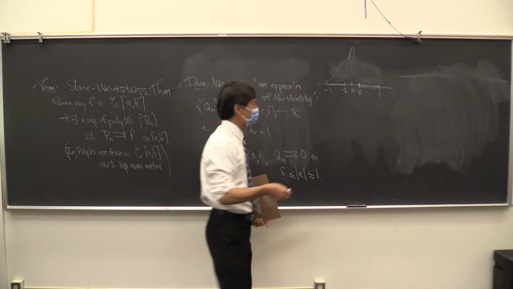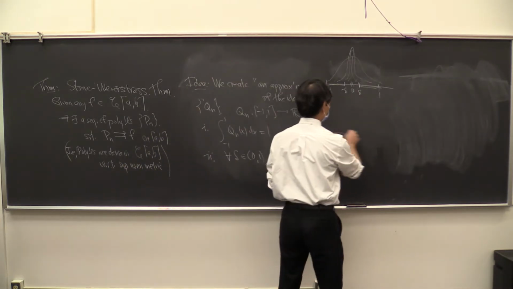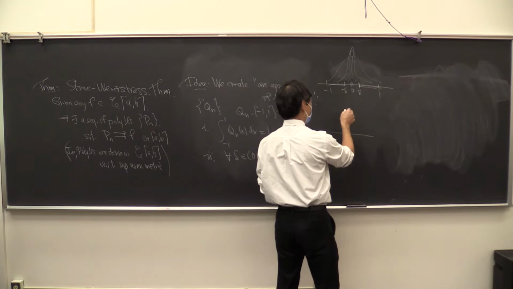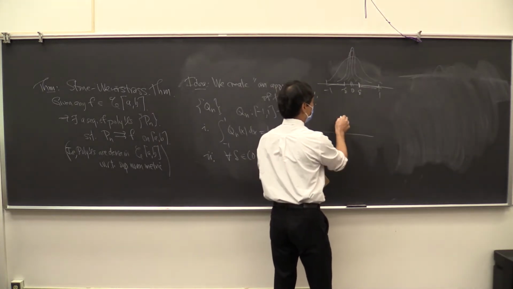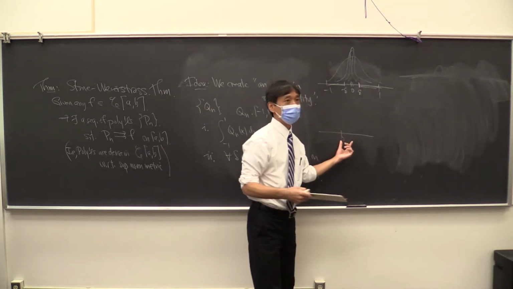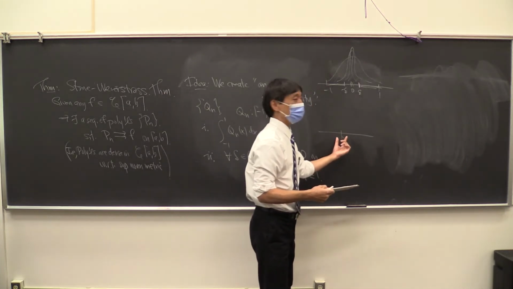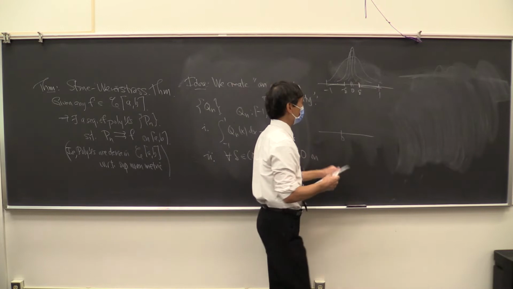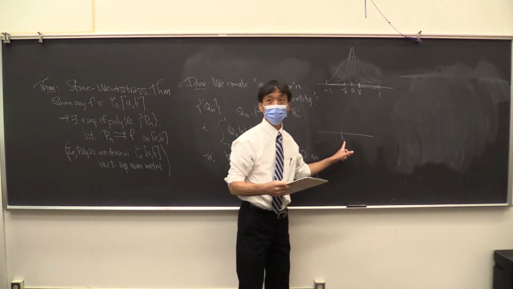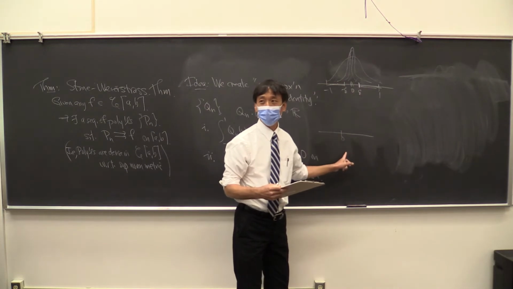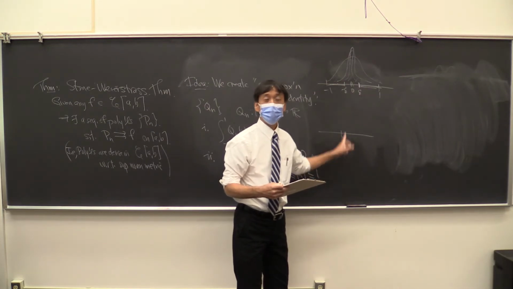The Dirac delta function is not really a function. Maybe you've heard about this thing. It's 0 everywhere except at the origin, and it has an integral of 1. That's not possible.